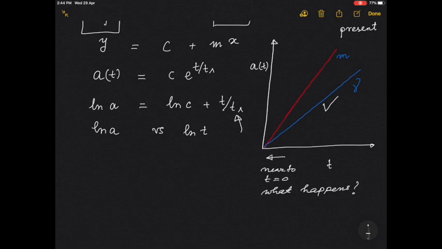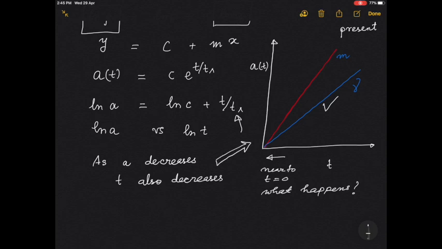Also, you see that as a decreases, t also decreases. This plot is showing you that as a decreases, which happens in the previous plot, t also decreases. Well, that's what we mean by the expansion of the universe we said earlier, but we see explicitly from these plots now. So what happens to the proper length?